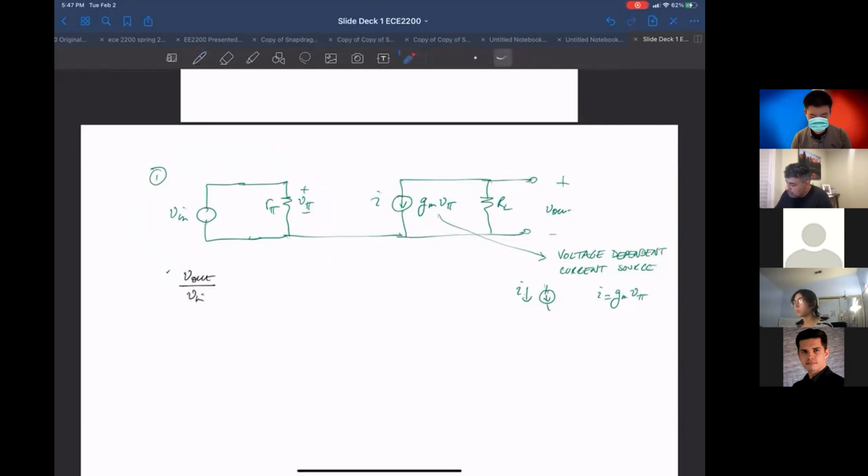V out is here, V in is here, and we're going to call that gain, which is V out versus V in. What you'd really like is to put everything in terms of these parameters, R sub pi, G sub M, R sub L, and that's how you're going to design it.